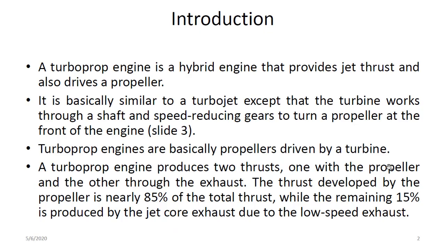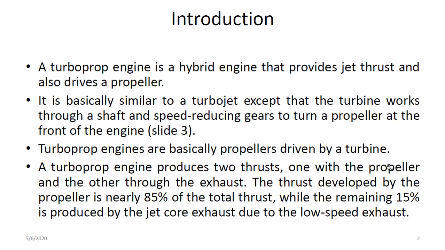As an introduction to turboprop engines, these are hybrid engines that provide both jet and propeller thrust. They are similar to turbojet engines, except in this arrangement the turbine works through a shaft and a speed reducing gear to turn the propellers.